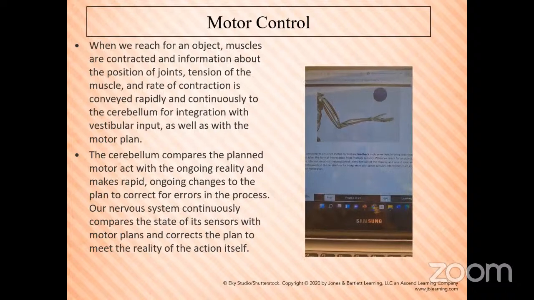The auditory, visual, and sensory inputs and the prefrontal cortex are all important in the major types of control systems.